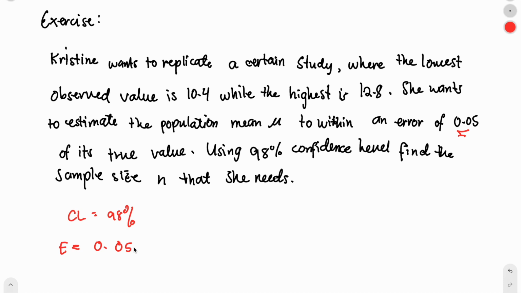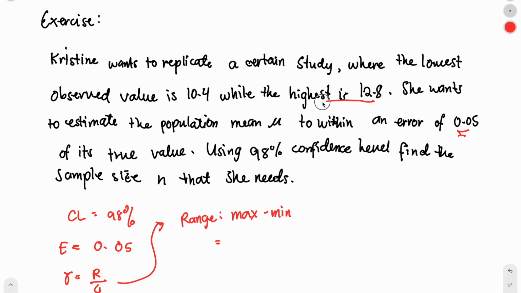Then what? The standard deviation. The standard deviation can be taken by R over 4 for this case, where the range here is maximum minus minimum.